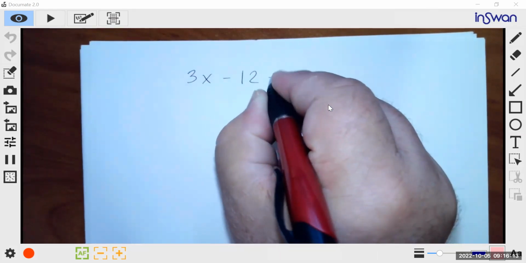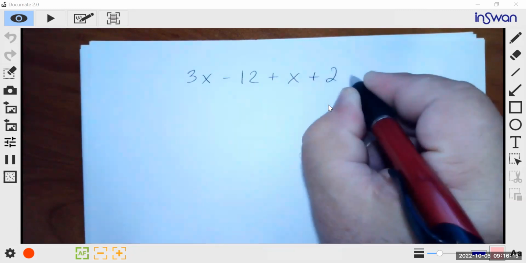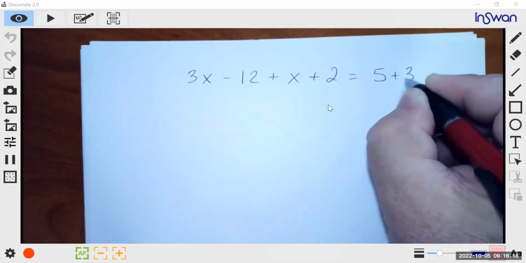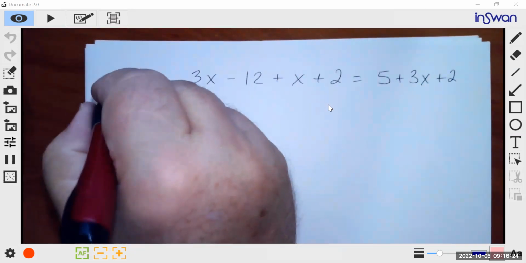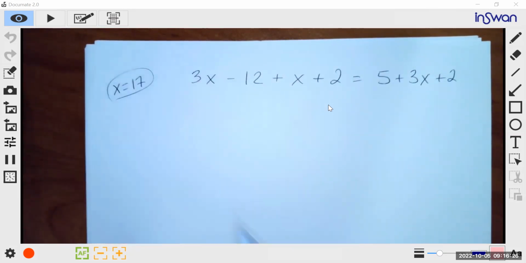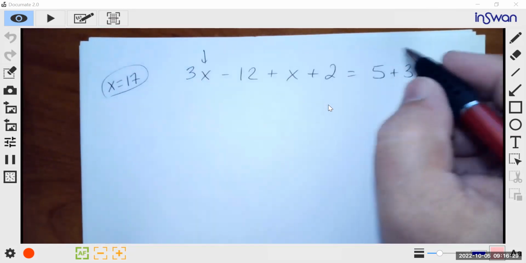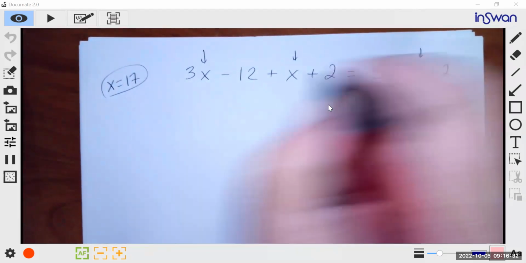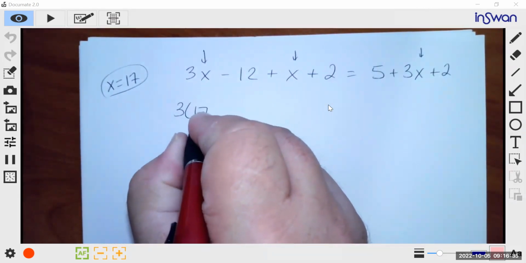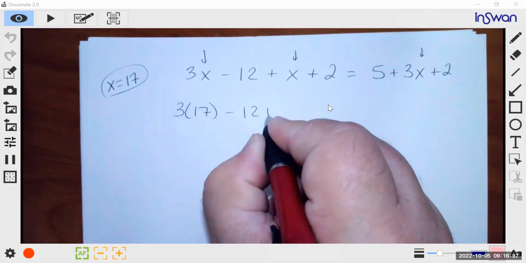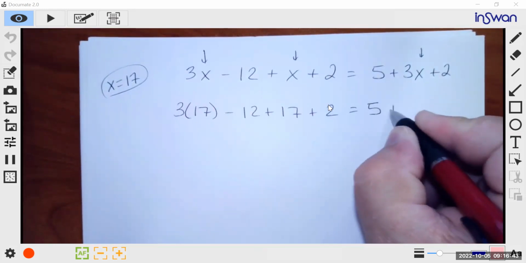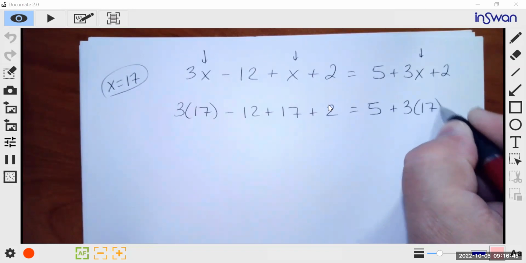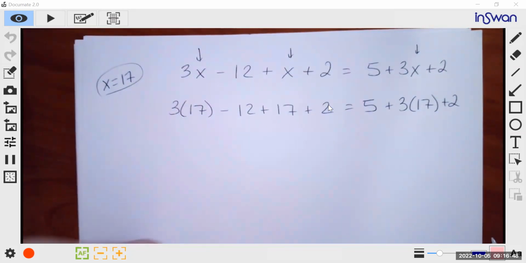3x minus 12 plus x plus 2 equals 5 plus 3x plus 2. We're saying x equals 17, so anywhere I see an x, I put a 17. So I put 17s in there.